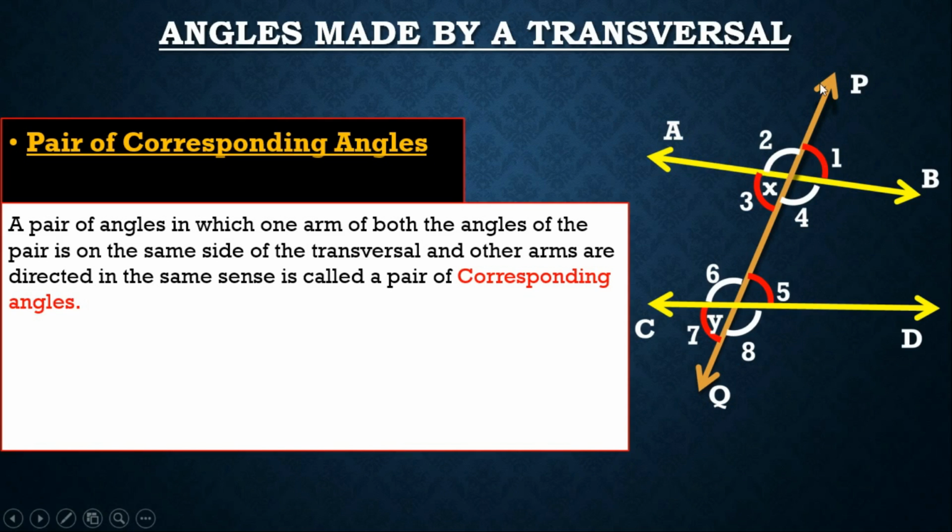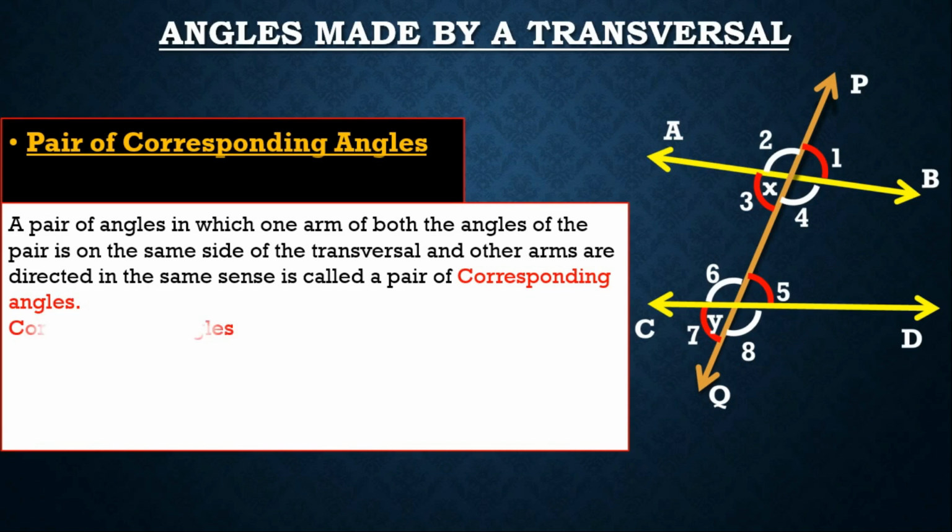So angle AXP and angle CYX have two arms AX and CY on one side of the transversal, and they have arms XP and YX directed upward, and hence these two are one pair of corresponding angles. Angle 2 and angle 6 is one pair of corresponding angles.